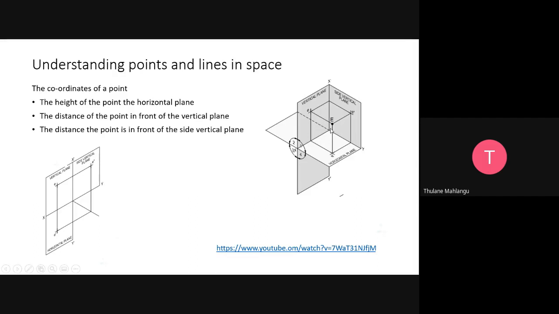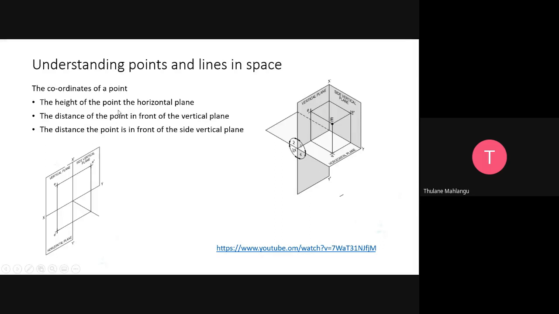So that distance is the height of that point above the horizontal plane. The line below the uppercase E represents the height of point E above the horizontal plane.